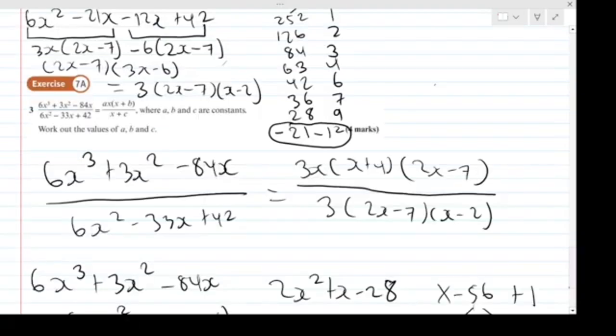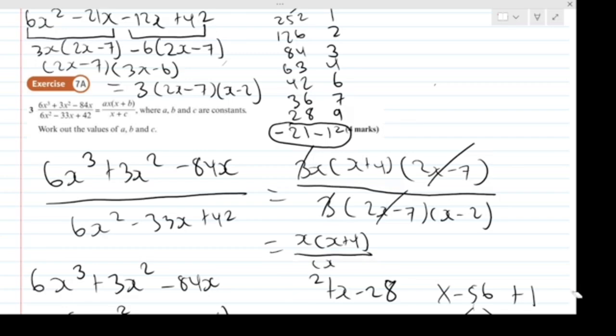What can I cancel? Well, firstly, 2x minus 7 is common, but also the 3 there. So actually I'm left with x of x plus 4 over x minus 2. And there we are. I can't simplify that anymore.